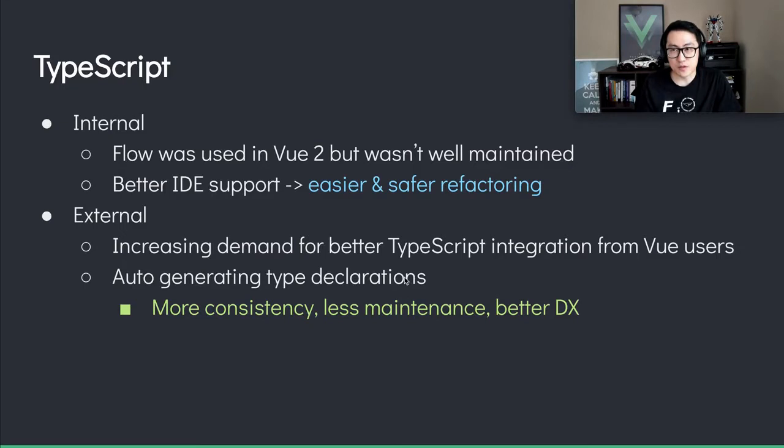The result is we are manually maintaining the type declarations, and some of the internal APIs simply weren't designed with TypeScript in mind. So Vue 3 sets out to change all of that, to provide better TypeScript integration by using TypeScript ourselves, which also allows us to generate the type declarations directly from our source code. That brings more consistency, less maintenance burden, and a better development experience.